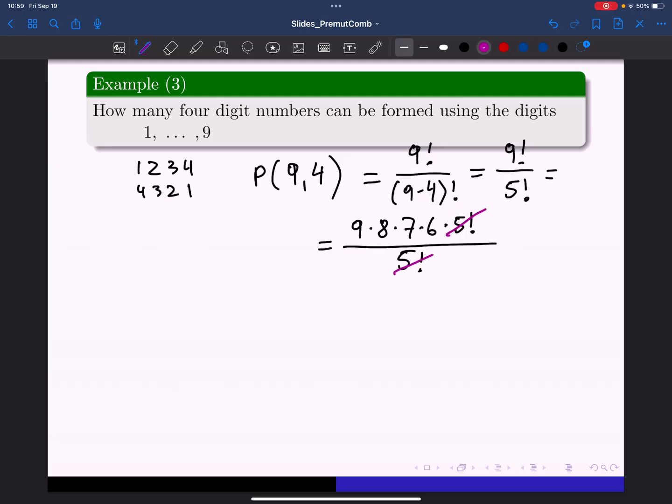The 5 factorials cancel out, and the rest we can type on the calculator, and we should get 3024 choices. Also try using the permutation button on your calculator: type 9, permutation button, 4, and you should get this number.